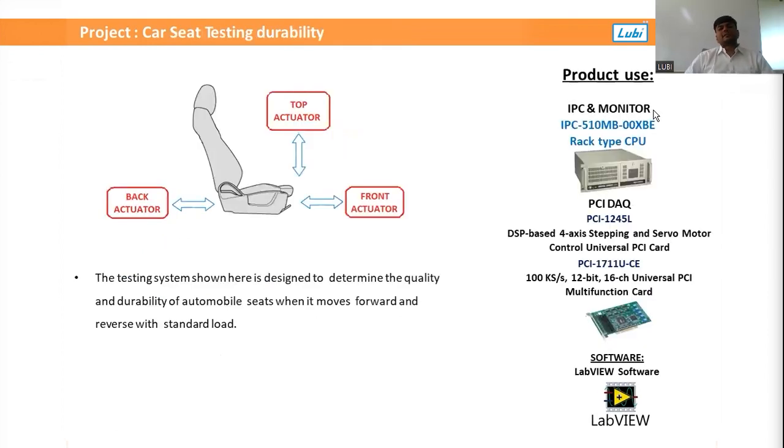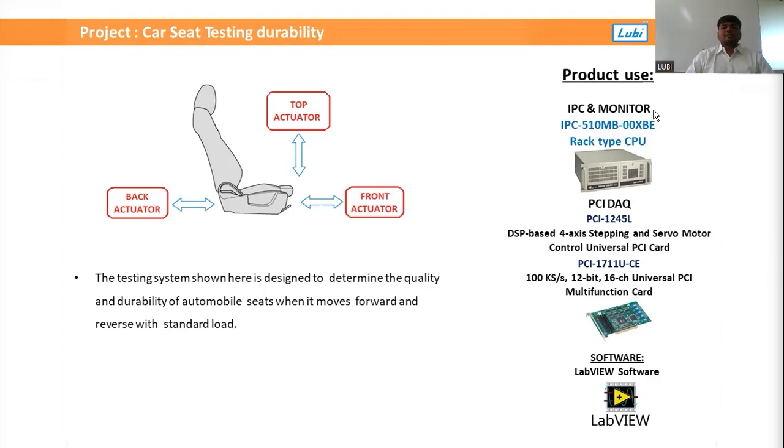The second application is car seat durability testing. In that testing, we are designed to check the quality and durability of automobile seats when they move forward and reverse under standard load.